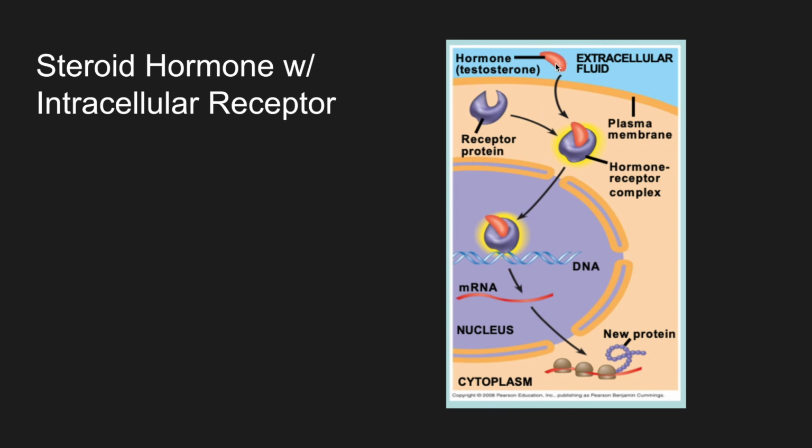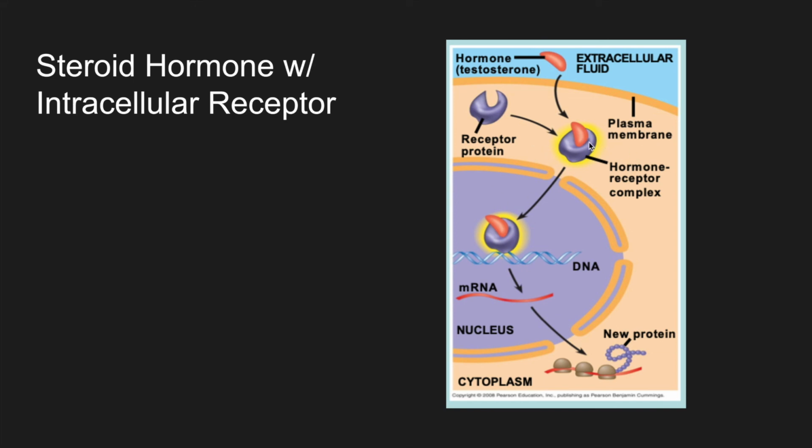So for that molecule to go through the membrane, it would have to be hydrophobic, right? So that is something that you should know as you're kind of keeping track of where this is going through the cell. So your hormone is going to enter the cell and it's going to bind to the receptor protein and create this hormone receptor complex. And that hormone receptor complex is actually now going to act as a transcription factor.